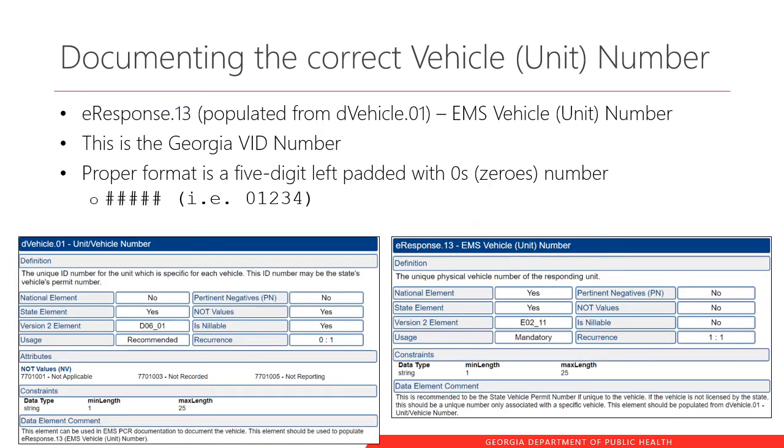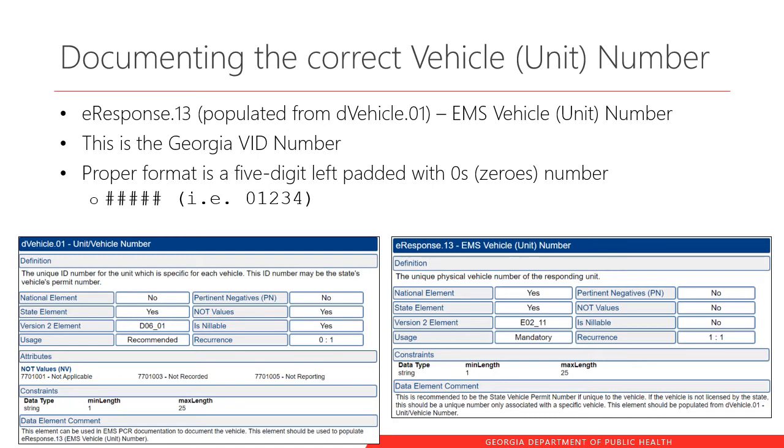We also want to make sure that agencies are documenting the correct vehicle or unit number, okay? And this is eResponse.13, okay, which is populated from dVehicle.01. So we do not accept demographic imports into GEMSIS Elite. We do accept, obviously, EMS import, the run imports.